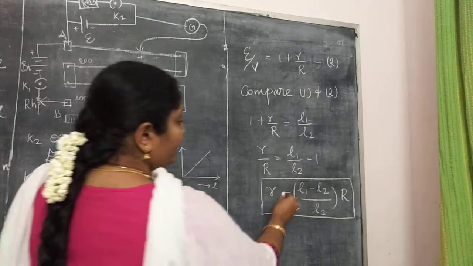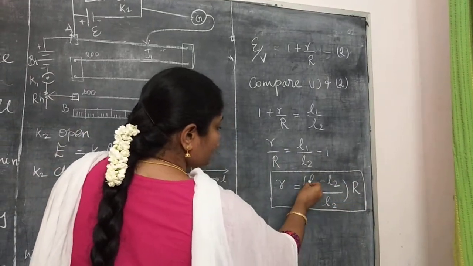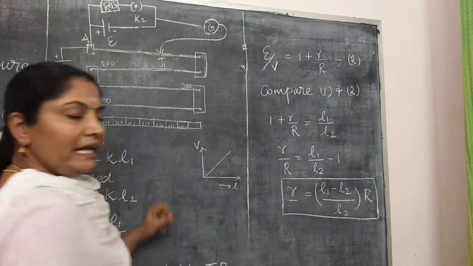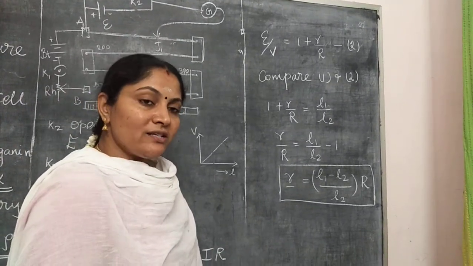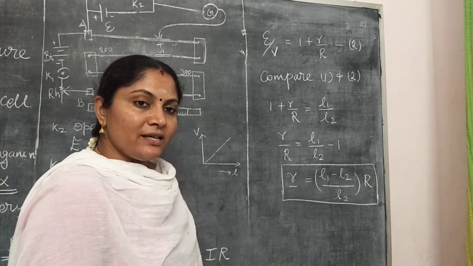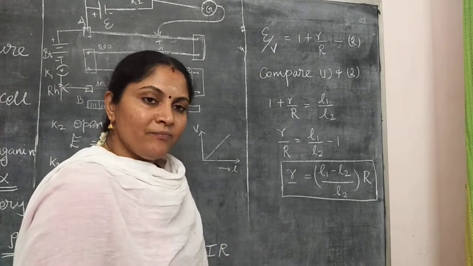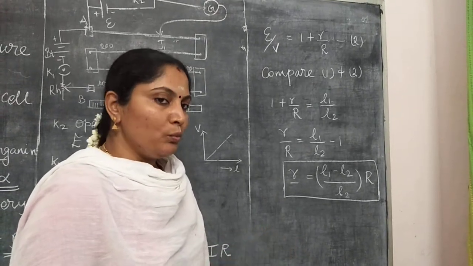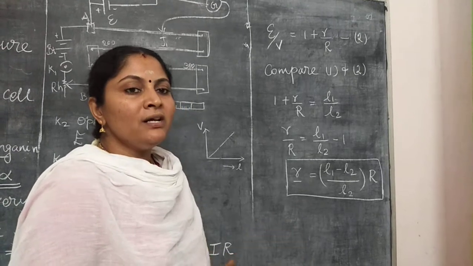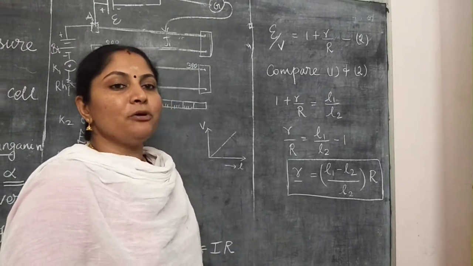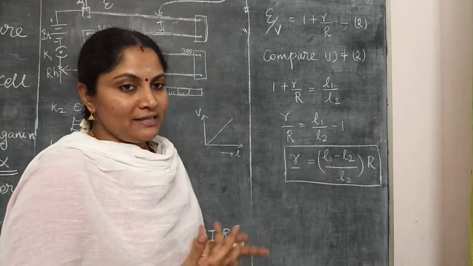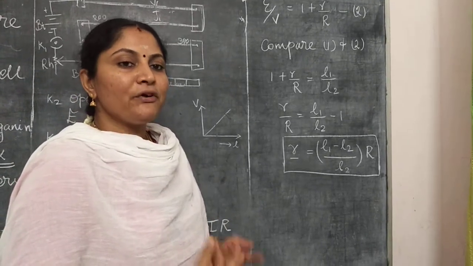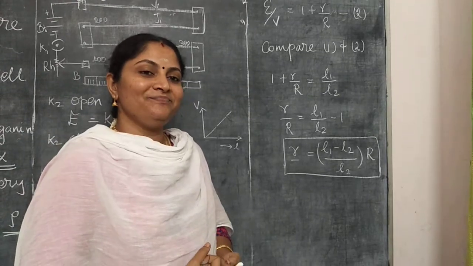We know all these values, so we can calculate the internal resistance of the cell. What is the unit of internal resistance of the cell? The unit is the same as any resistance, that is ohm. That's all. This is the concept of the potentiometer with which we can measure the internal resistance of the cell. If you have any doubt, you can ask me. Thank you.